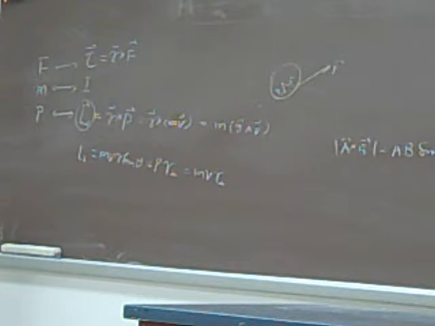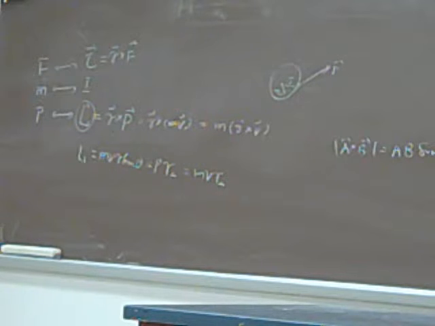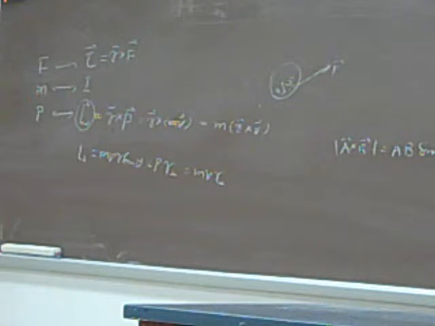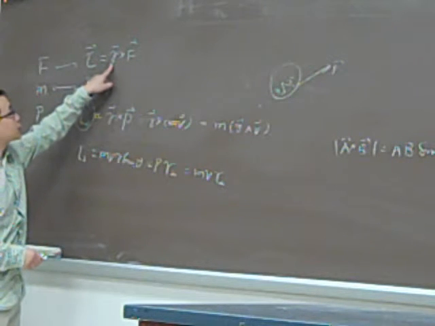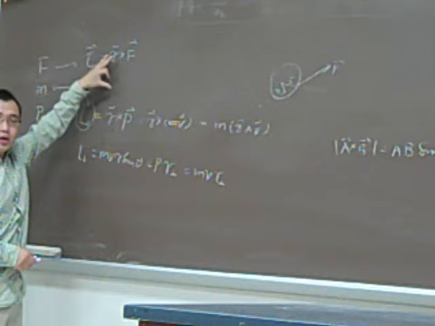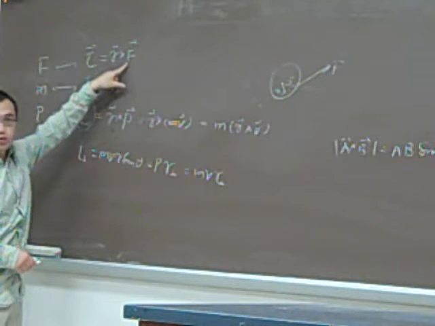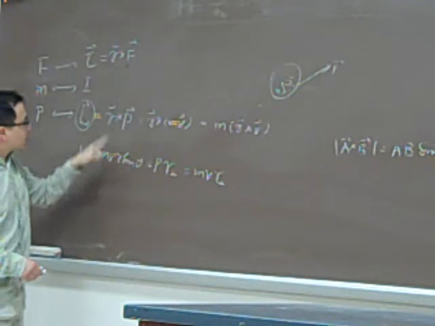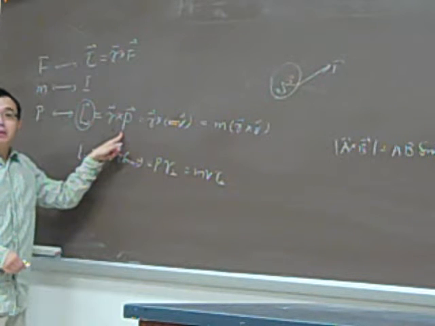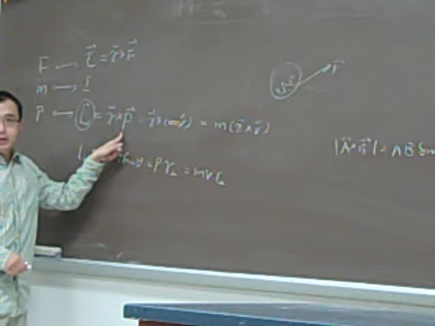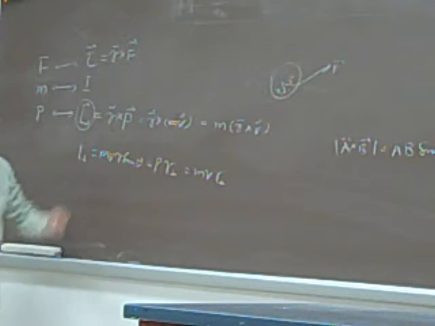So you have to make a line perpendicular to the direction of the momentum. This r perpendicular is the distance perpendicular to the direction of the momentum.